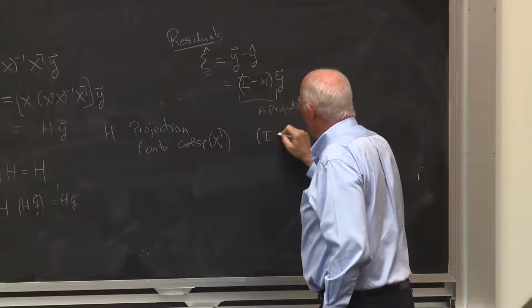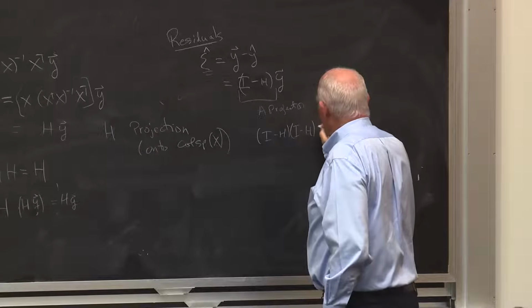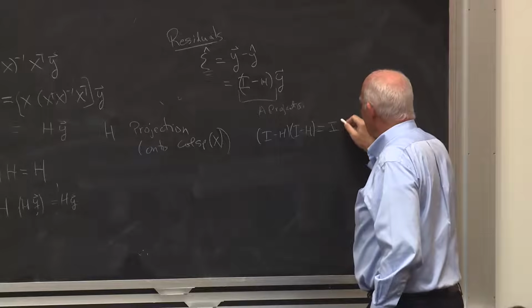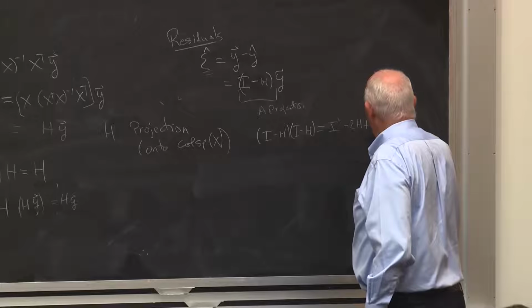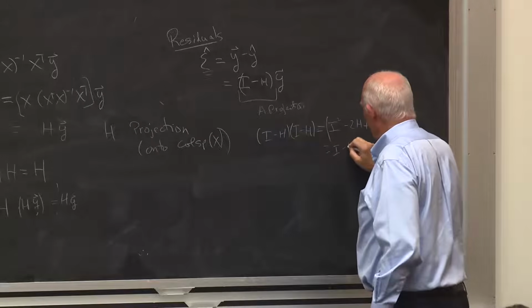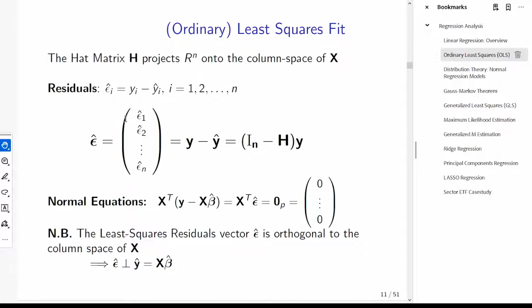If we multiply I minus H times I minus H and expand it out, we get I squared minus 2H plus H squared, and that equals I minus H. So we can mathematically verify that it's a projection.